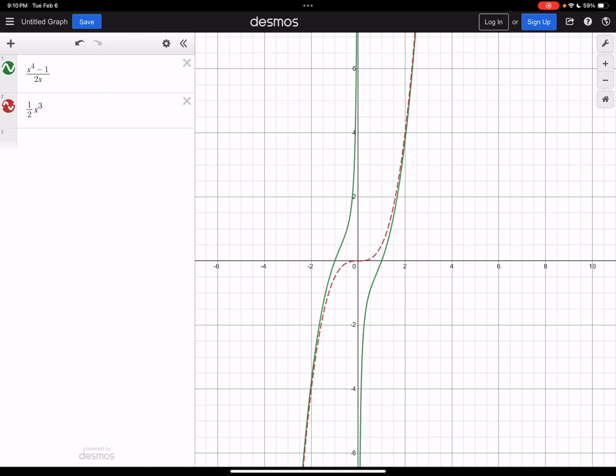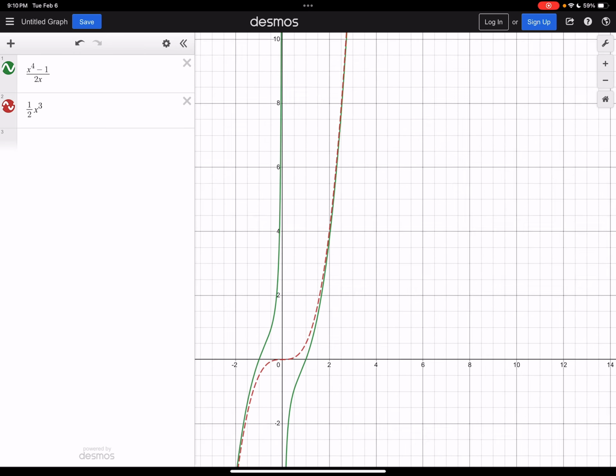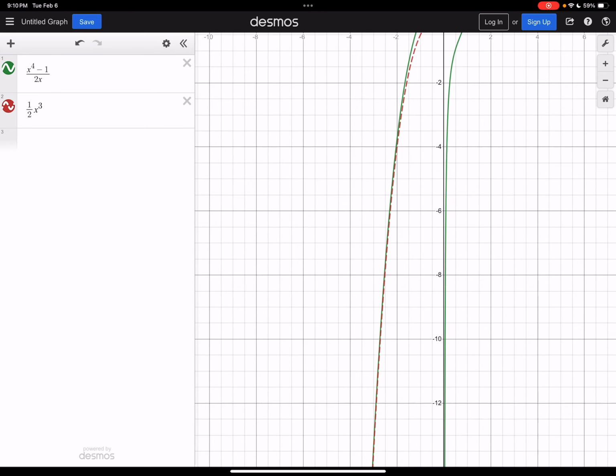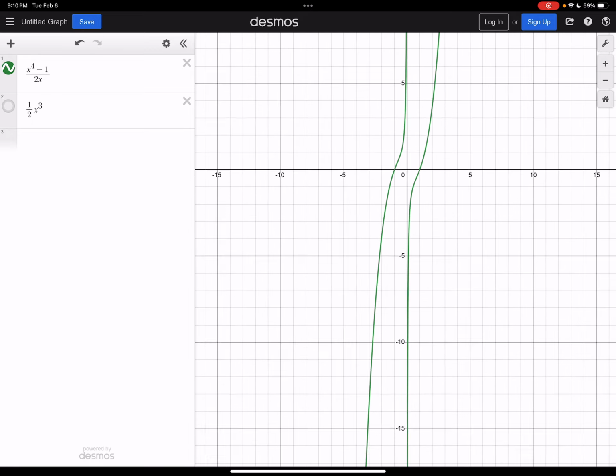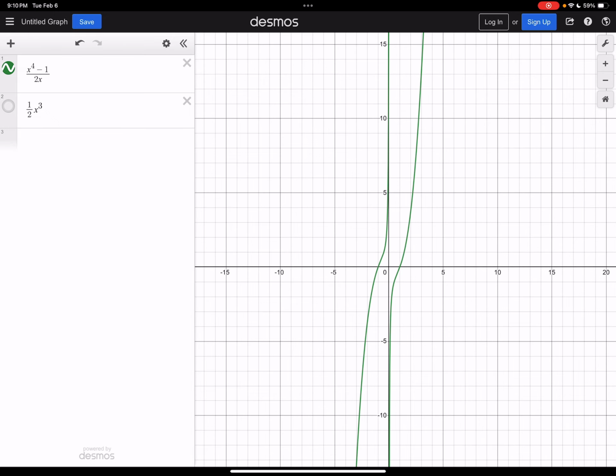Hey, look at that. That is just so cool. Its end behavior becomes more and more like a cubic, but the function itself, what even is that? This is a very interesting shape.